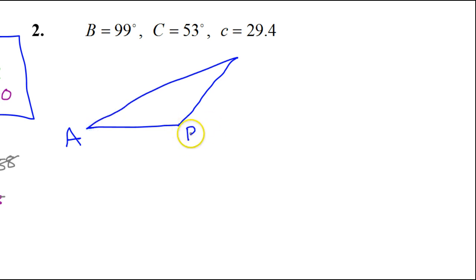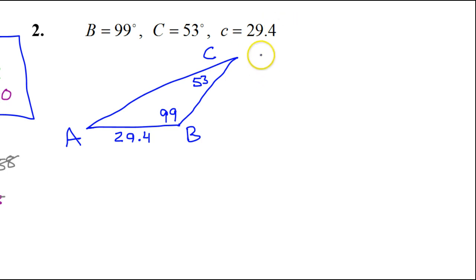Okay, so here we go again with that modification. Angle B is 99, so I just went ahead and made that obtuse. Angle C is 53. Angle A is unknown. Now side C is 29.4, so that's going to go right here.